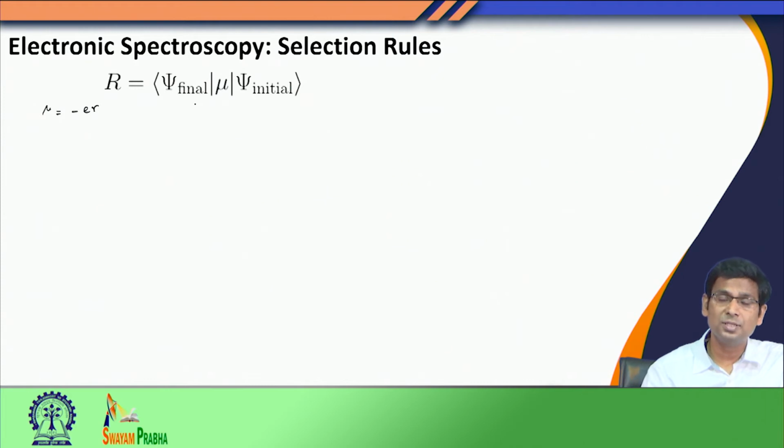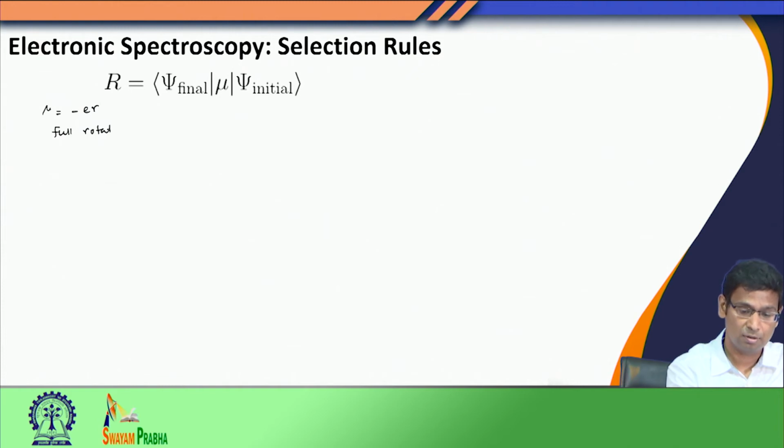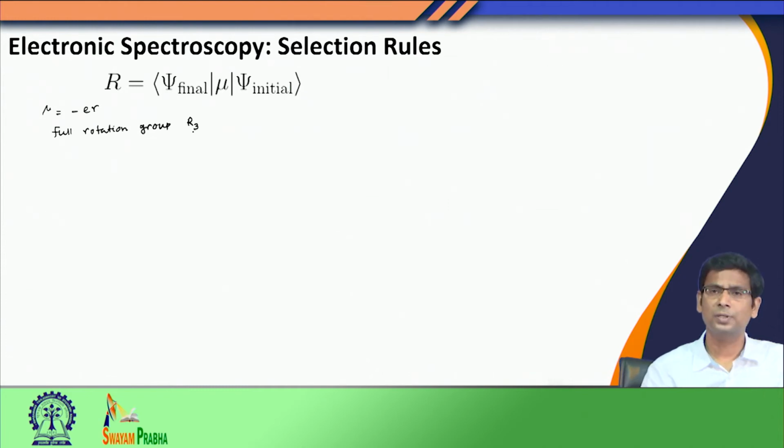What about atoms? Atoms belong to the so called full rotation group, R3. We will discuss what they are, or what are the elements that we require from this R3 group to carry out our discussion.